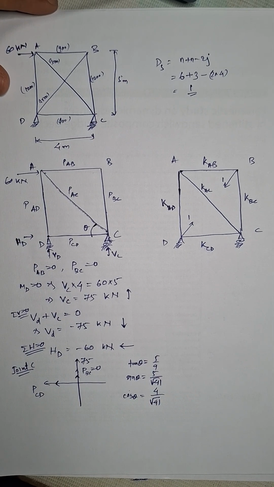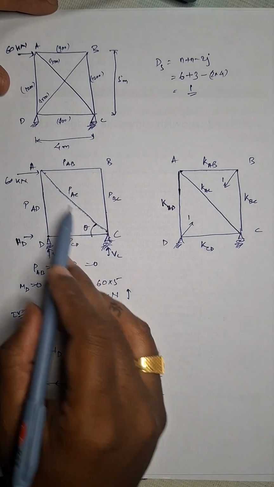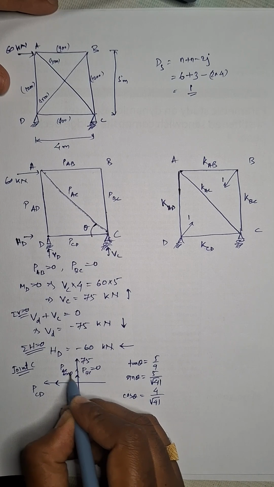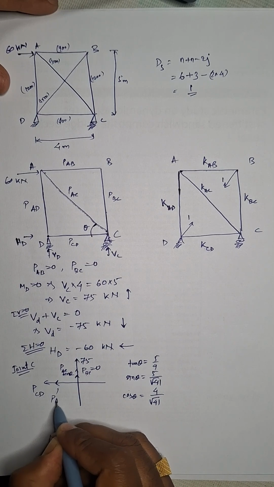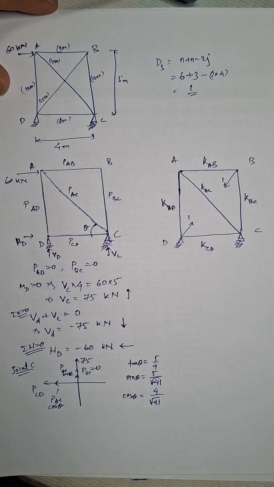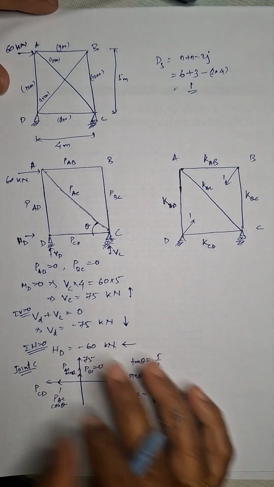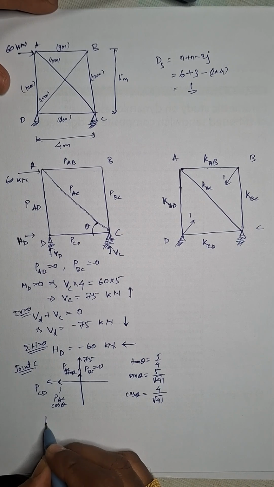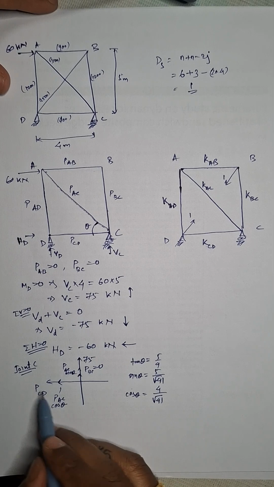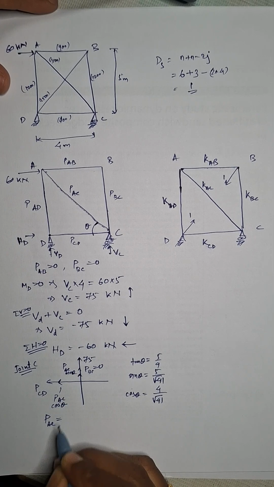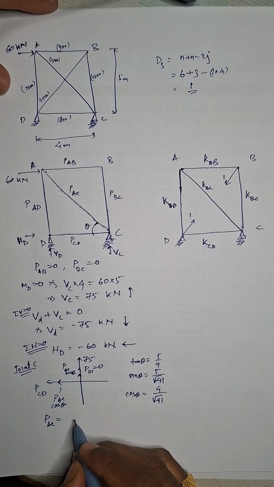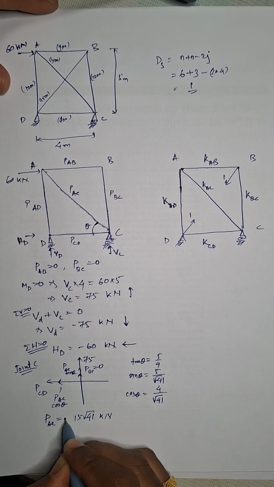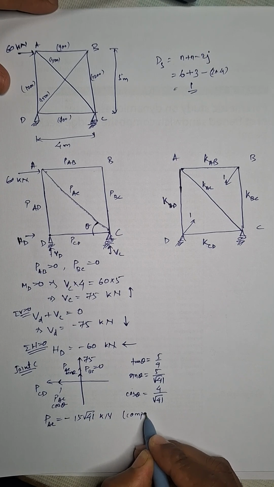Now if we resolve PAC, along this direction PAC sin theta, along this direction PAC cos theta. Upon applying vertical force equals 0 and horizontal force equals 0, we get PAC (or PCA) equal to 15 root 41 kilonewton, which is negative in nature, that means compressive.